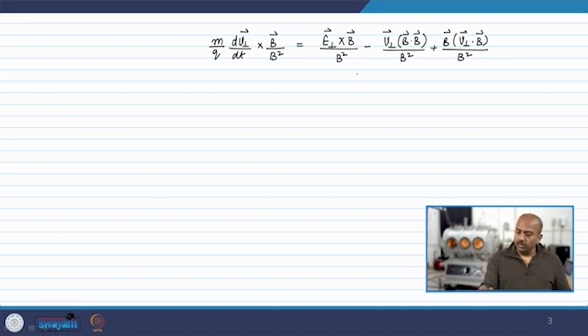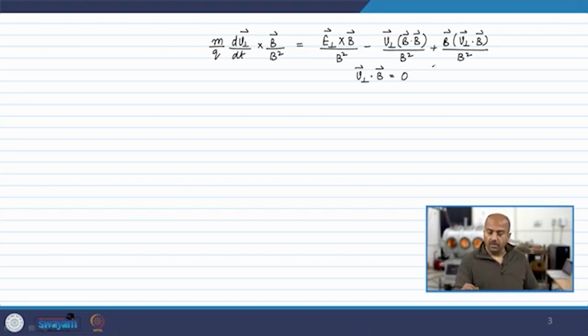Now, we know that V perpendicular is defined such that it makes right angles to the magnetic field. So, this dot product will be 0, which means this term will be 0.